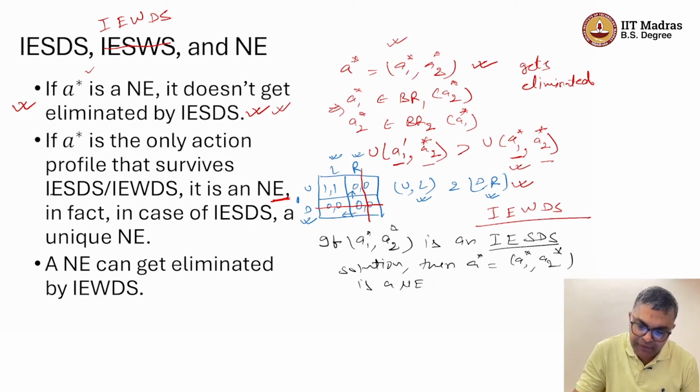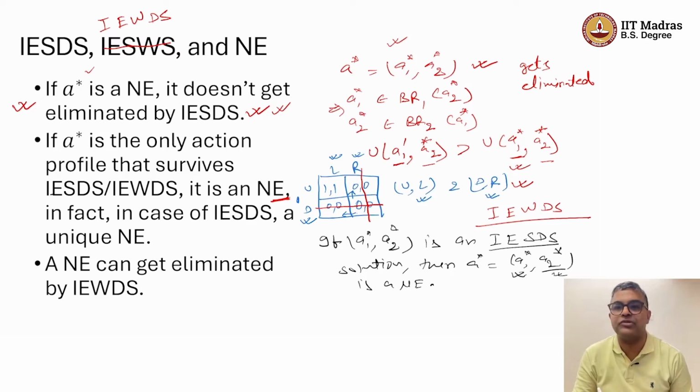That's another way of writing the same thing. So we can say that if A1 star is among the best responses of A2 star coming from player 1, and when player 1 is playing A1 star, among player 2's best responses would be A2 star.